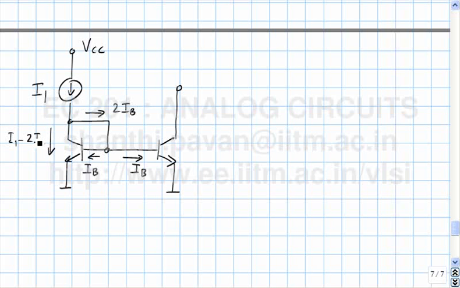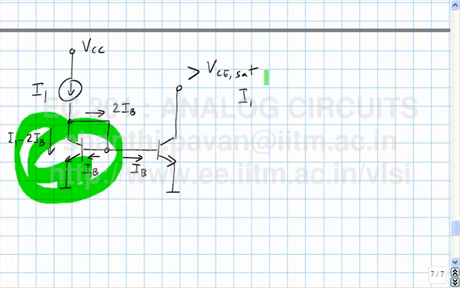And this will be IB only if this is assumed to be greater than VCE sat. So looking at this transistor, the ratio of the collector current to the base current must be beta.